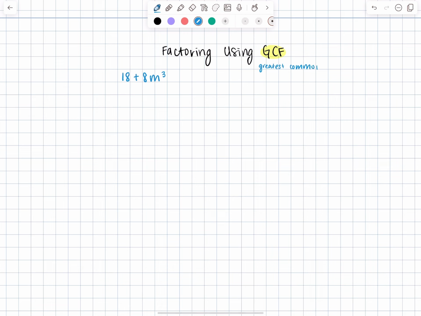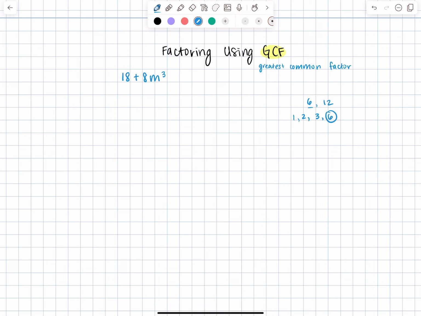A quick example of this is when we have two numbers, let's say 6 and 12. The numbers that multiply out to give 6 and 12: you can get 6 by multiplying 1 by 6, and 12 by multiplying 1 by 12.